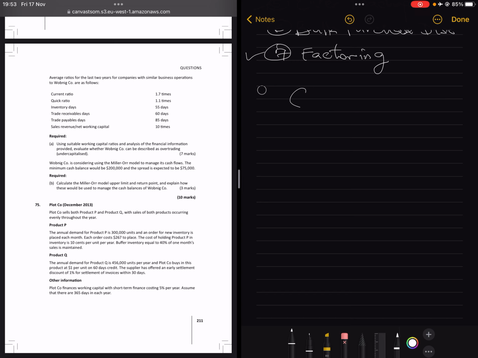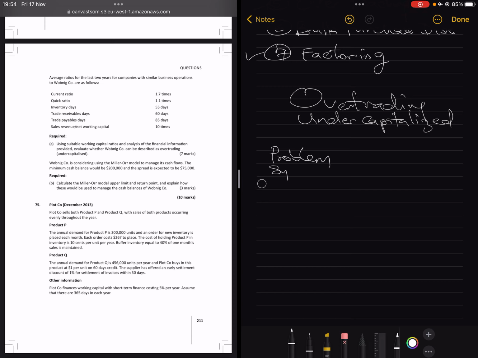Remember, another name for overtrading is same as being undercapitalized. So I will just do a brief recap on overtrading. Remember when I dealt with overtrading, I said you must know the problem, you must know the symptoms, and you must know the solution.